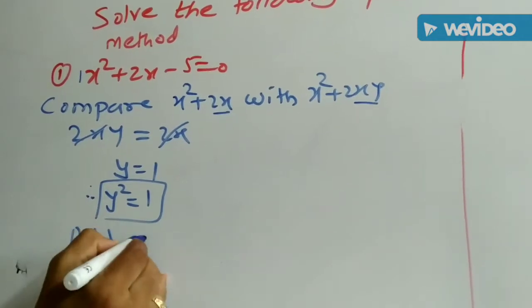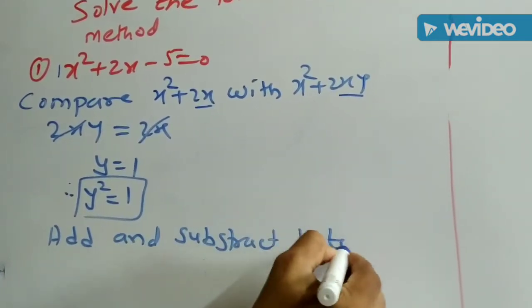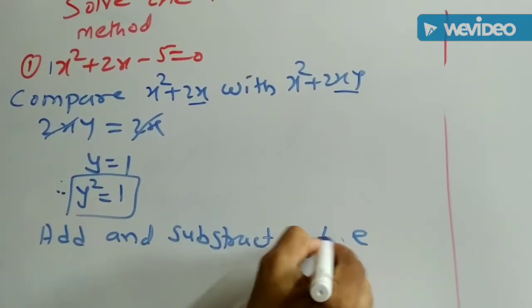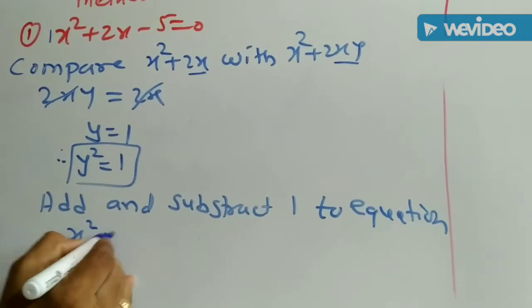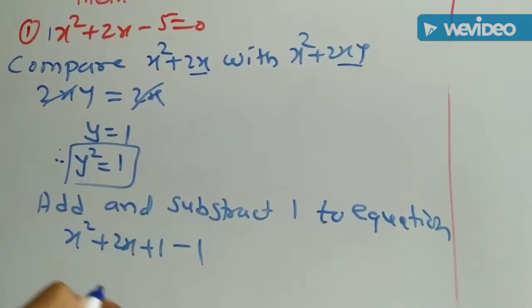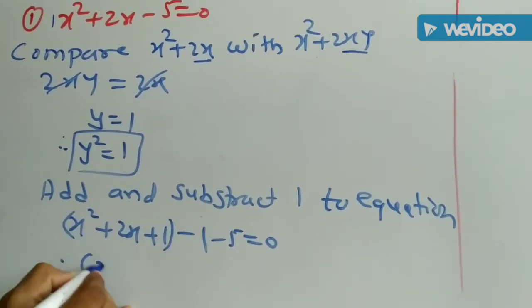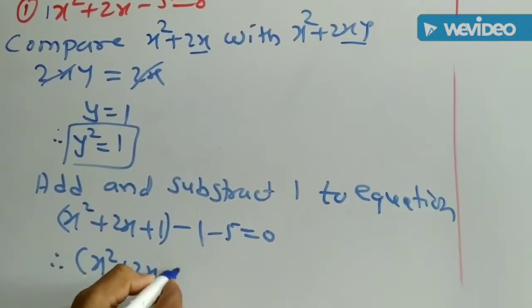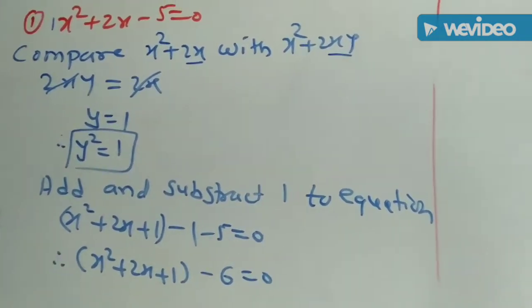Now add and subtract 1 to the equation. We get x square plus 2x plus 1 minus 1 minus 5 is equal to 0. Now see the first three terms, x square plus 2x plus 1, group it, minus 1 minus 5 that is minus 6.